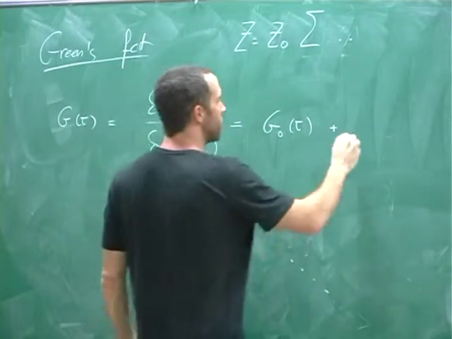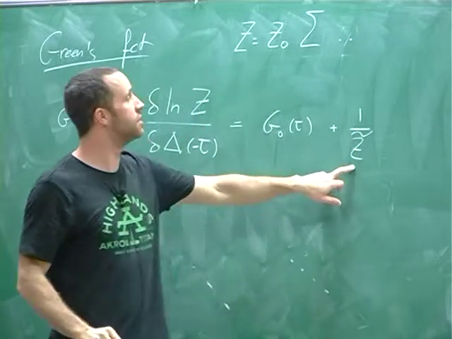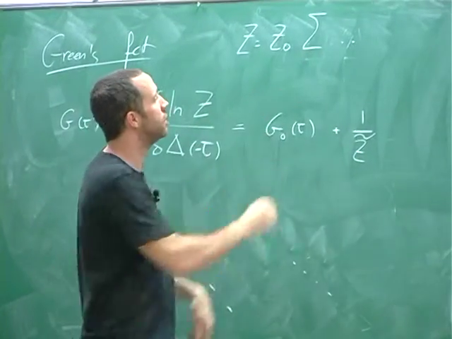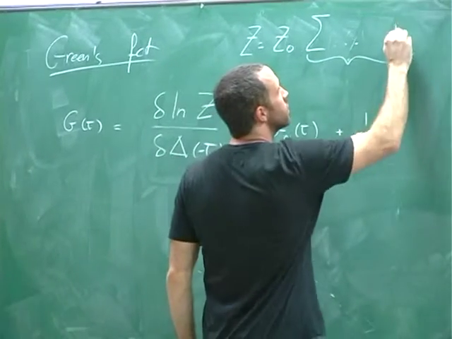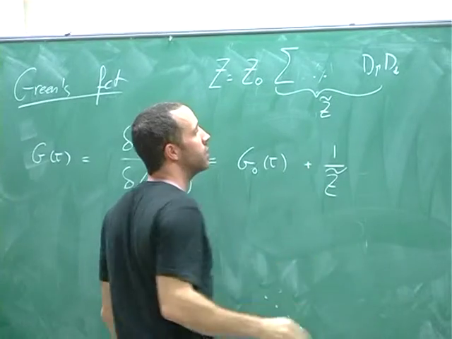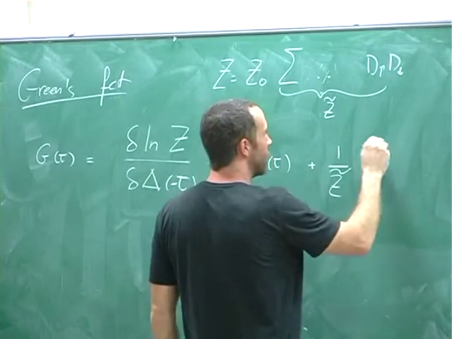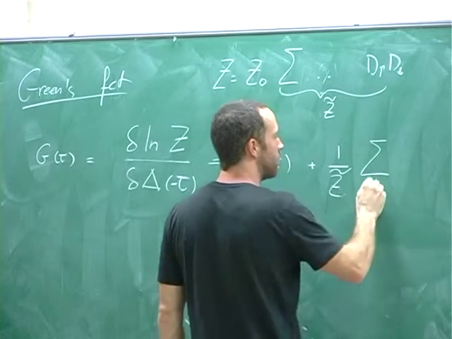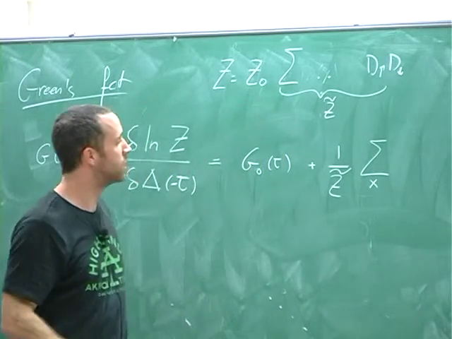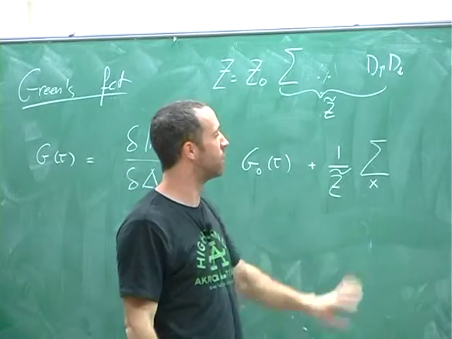So it's basically something which will be like 1 over, this is why I introduced this Z tilde. What's left here, this sum which has the determinants and so on, this is my Z tilde. So the derivative of the log gives me 1 over this, and I have all my sums. So I have my Monte Carlo sum over X. This is the sum over perturbation order, imaginary times, and so on.